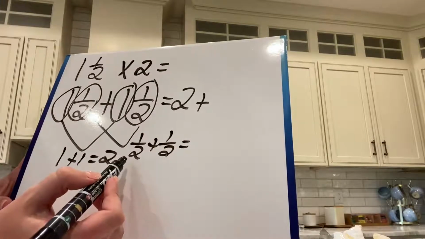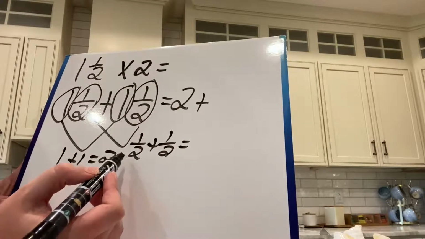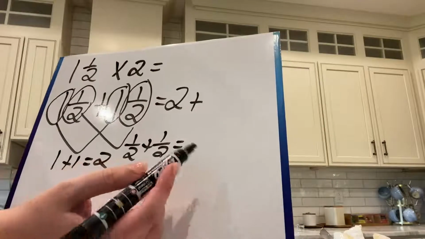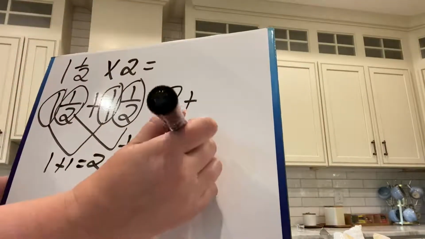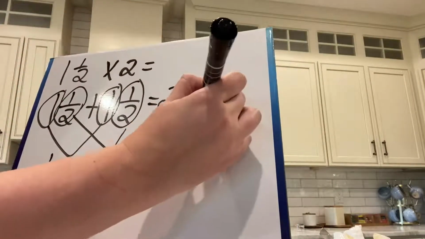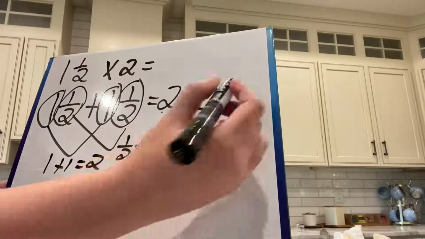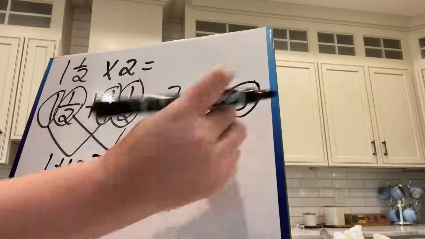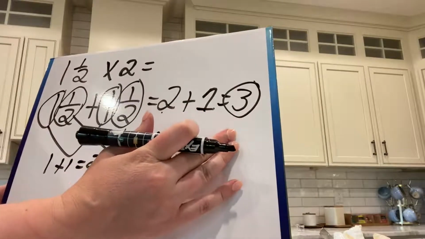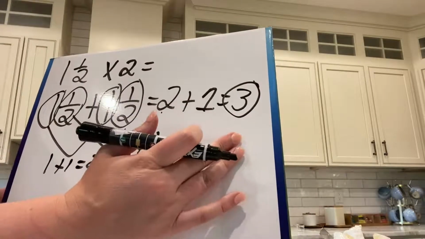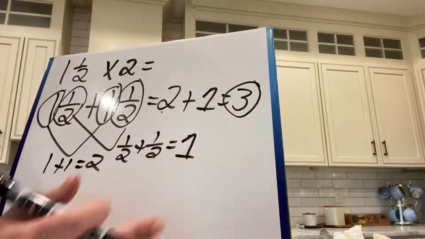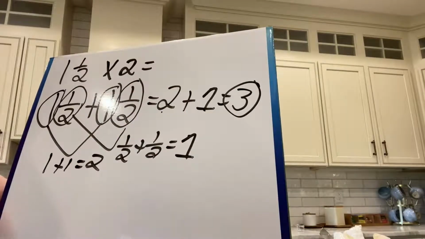I know that 1/2 is half of a whole, correct? So if I have 2 halves, you put those together, you get 1 whole. So now my total number is 2 plus 1 is 3. So now, since I've doubled my recipe, I need 3 cups of Cool Whip. That's a lot of Cool Whip. It's gonna be super yummy.